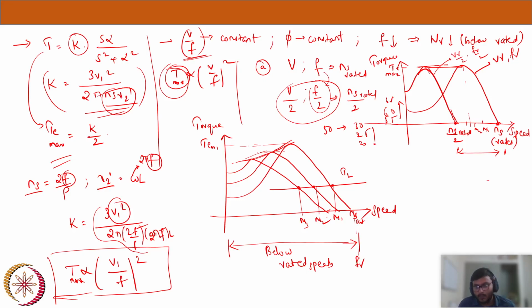Similarly in DC motor, we use the armature voltage control for the speed control below rated speeds, and field current control for the speed control above rated speeds. Similarly for induction machine, I can increase the frequencies to get a speed control above the rated speeds.